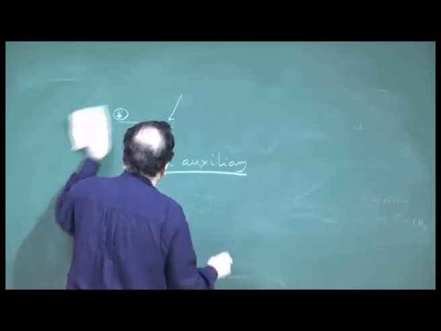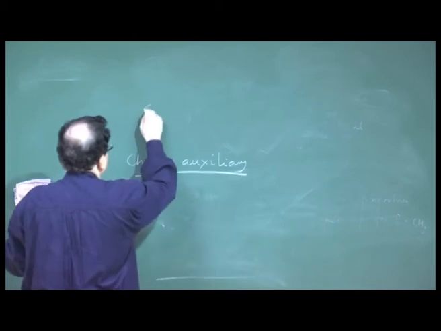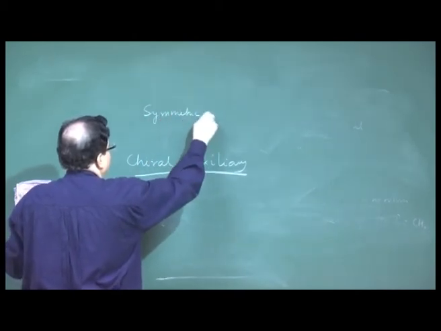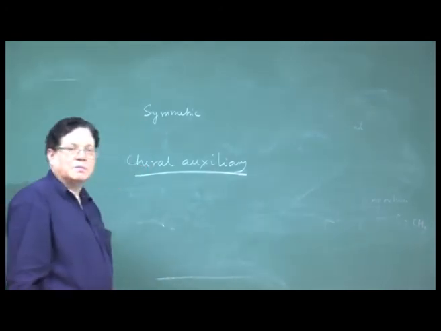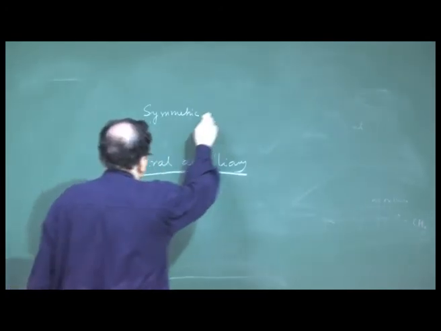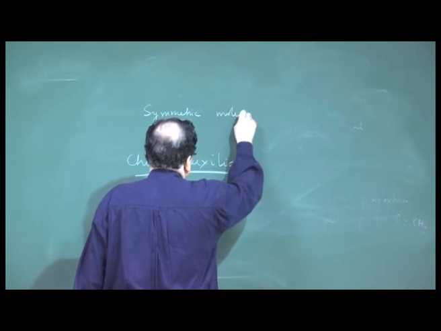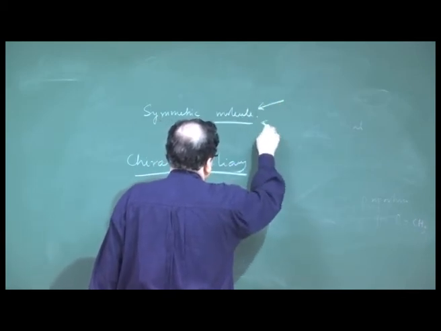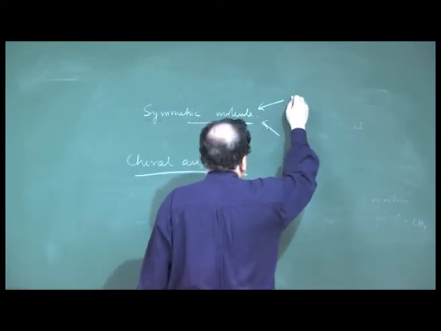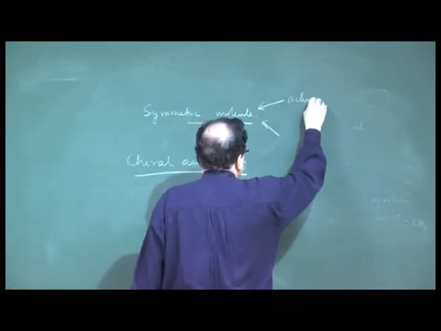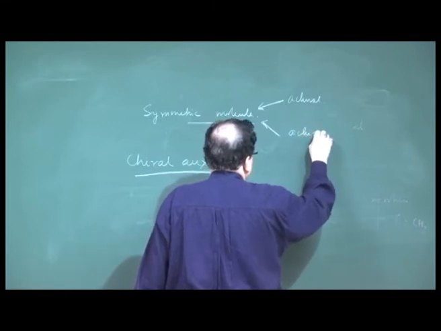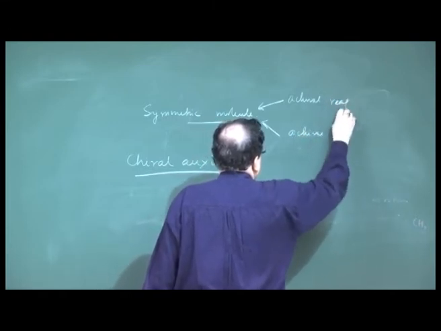What is that? In the chiral auxiliary approach, you have a symmetric molecule, so there is no chiral center present in it. Now, if you do the reaction on a symmetric molecule and the reagent is also achiral, then what happens?